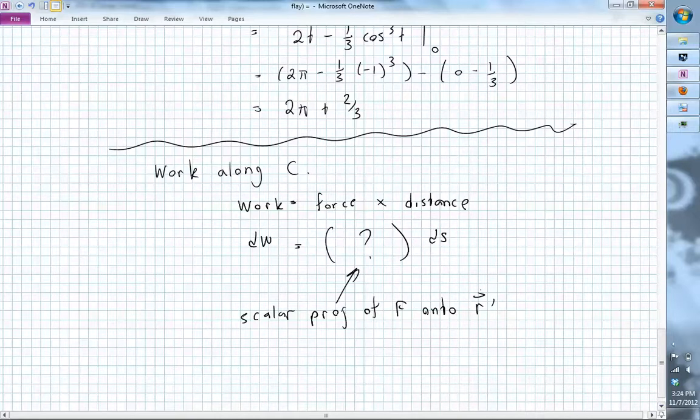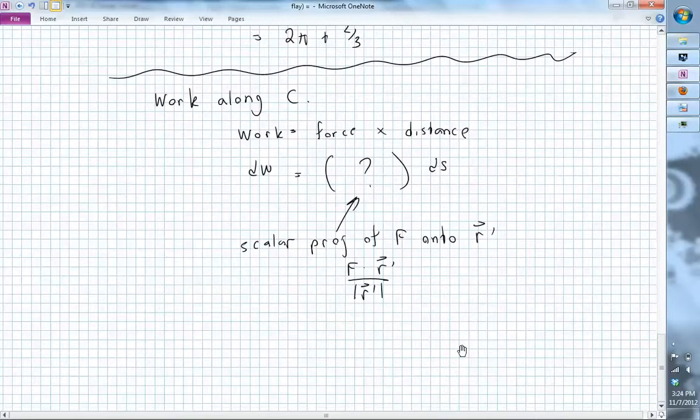If you don't remember the scalar projection formula, I'll give it to you. The scalar projection is F dot R prime over the magnitude of R prime. So the right thing to put into that box is the scalar projection of F onto the velocity vector.